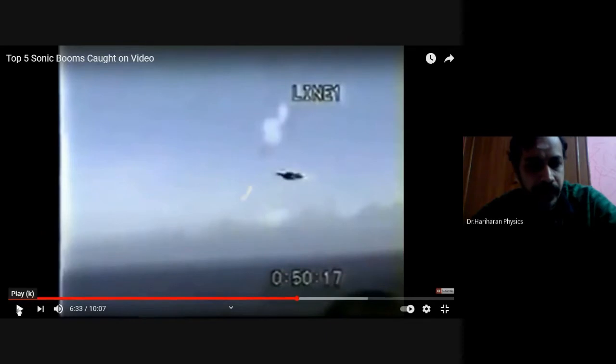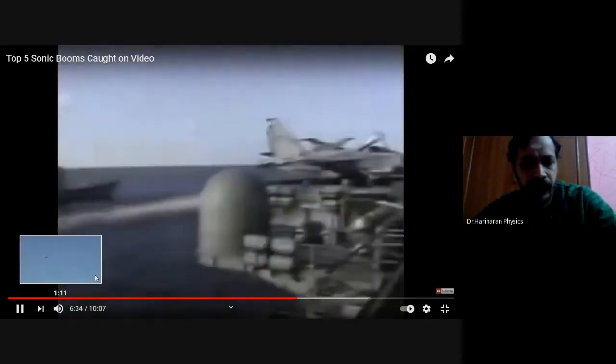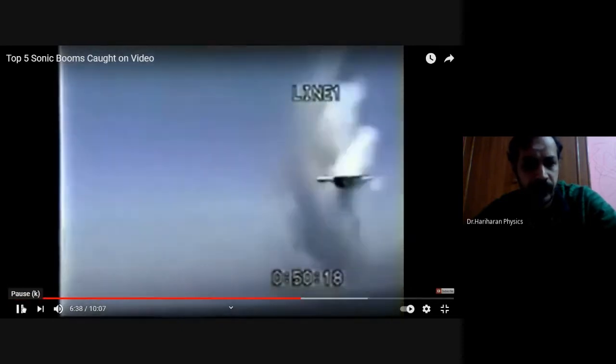Once again, see. Again you can see this is shock waves. This is produced only for a fraction of a second. These are shock waves, formed due to sudden compression or sudden expansion of gases by some mechanism. It could be due to a fast moving object.